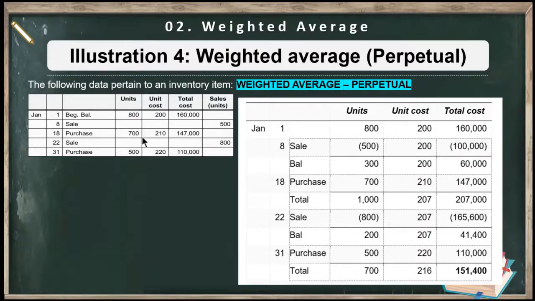There's a purchase on January 18. So that's 700 times 210. That's 147,000. Our new total cost here is 207,000. So next thing that you're going to do is divide 207,000 by the number of units here. So 207 divided by 1,000, that would be 207.